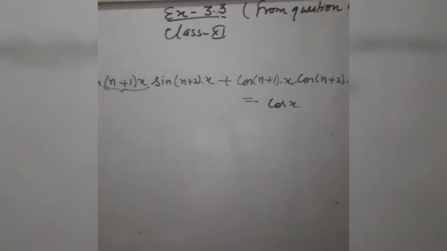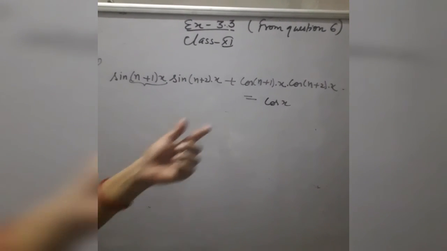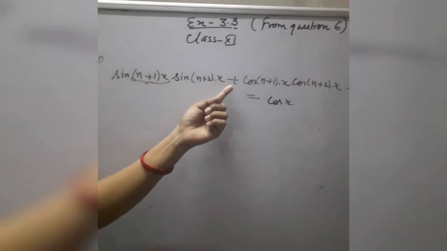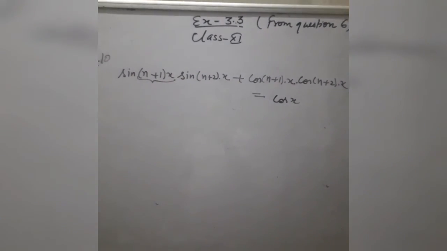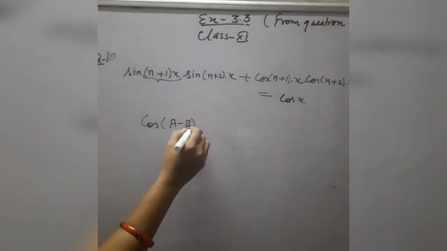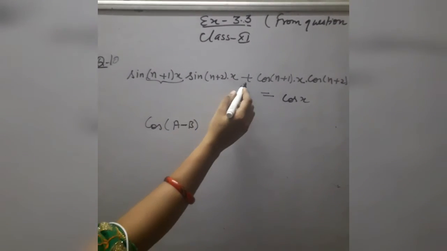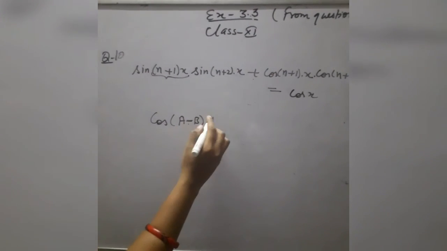If you see very carefully, this sum is just like the sixth sum. Here also there are two terms of cos and two terms of sine. Between them there is a plus sign, and the same angles are there in both these terms. So here you will use the formula of cos(a minus b), because in case of cos(a minus b) there is a plus sign. If a minus sign were given to you, you would use the formula of cos(a plus b).